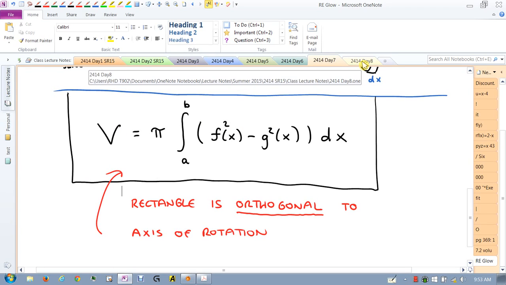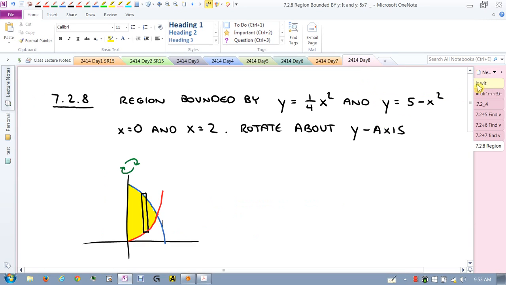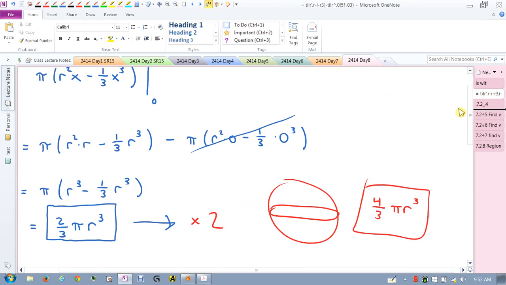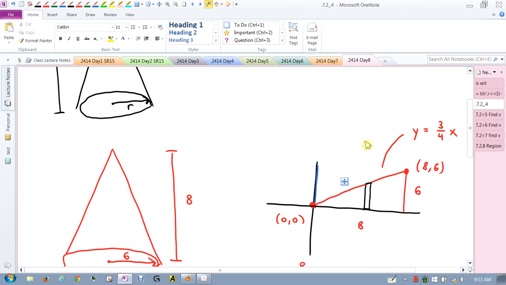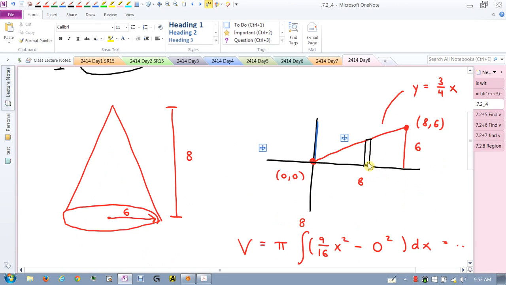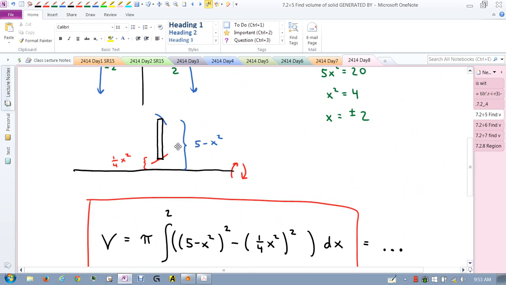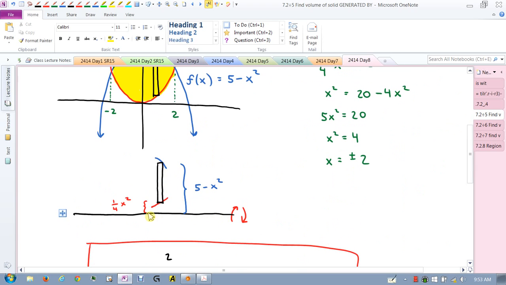So everything we've done so far, on all of our pictures, when we rotated, this rectangle was perpendicular to the axis of rotation. This one, right? Perpendicular, here's our axis of rotation, it's perpendicular to it.